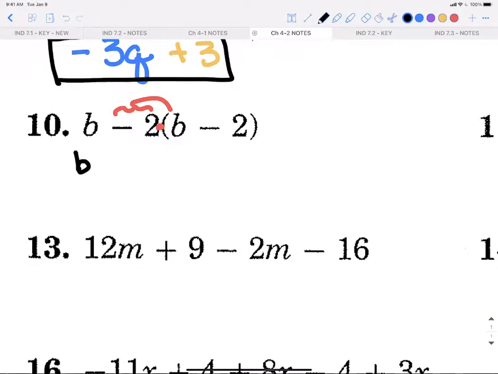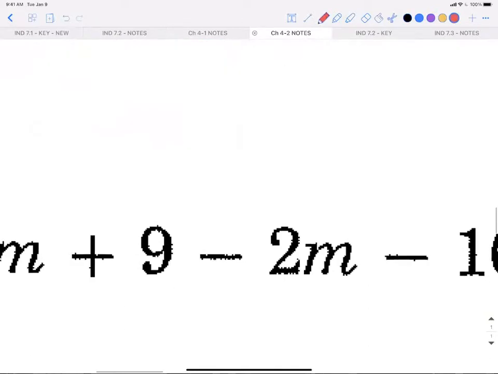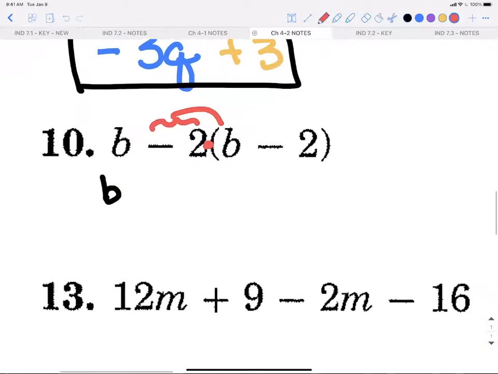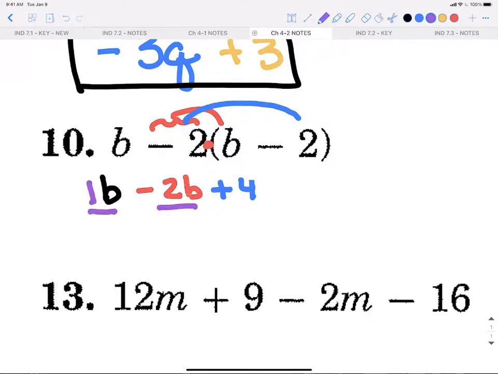Now I take -2 times B and I get -2B. And then I take -2 times -2, which is +4. Okay, there's my distribution stage. Now my combined like terms, I have a 1B and a -2B, which is what? -1B. And then my +4 is my only constant, so it just drops down and there's my answer.